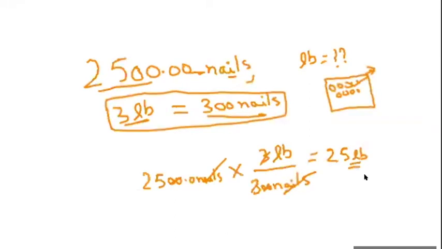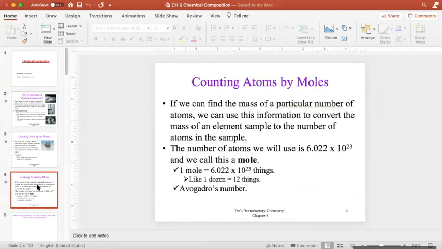Okay, so let's go over here. That is the special term we call a mole. So the scientist has provided a term called mole, and whenever you say a matter consists of 1 mole of things, that means it has 6.022 times 10 to the power 23 things, right?